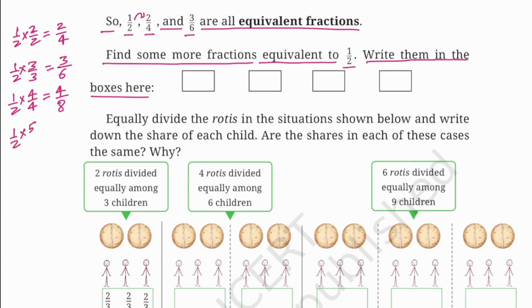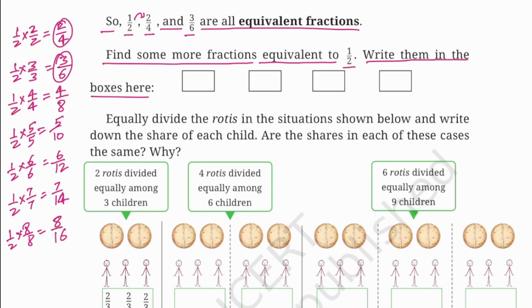Similarly, by 5 upon 5, you will get 5 upon 10. Similarly, 6 upon 6, 6 upon 12. Similarly, 7 upon 7, 7 upon 14. Similarly, 8 upon 8, you will get 8 upon 16.